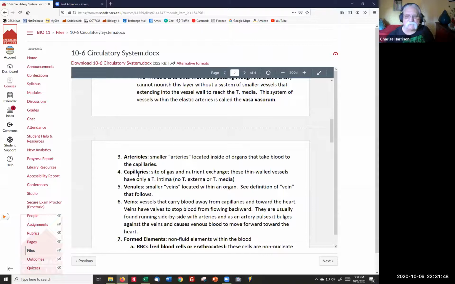These are very, very small vessels. They only have a tunica intima. They don't have a tunica media or tunica externa. So not having a tunica media, they don't have any ability to push blood along. Blood moves through them only because of the pressure of the blood coming in behind them.